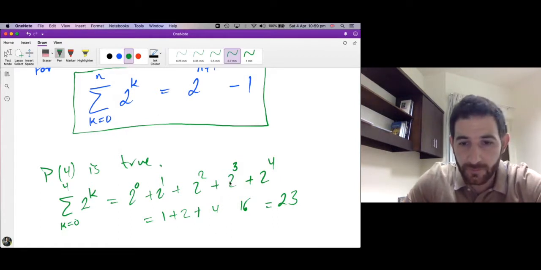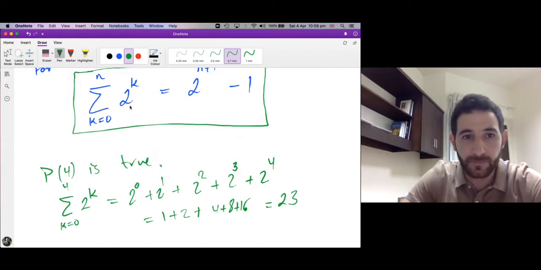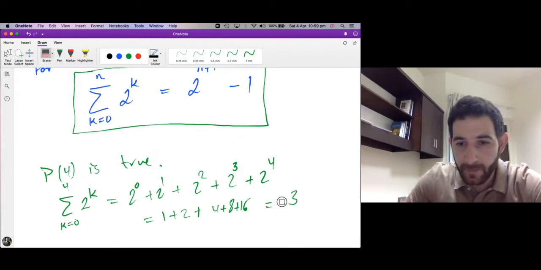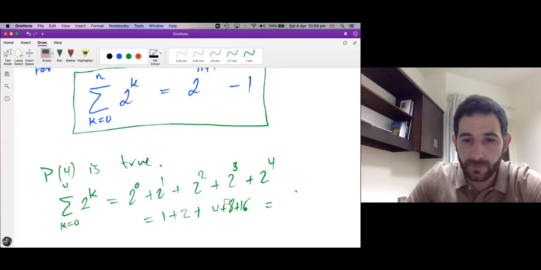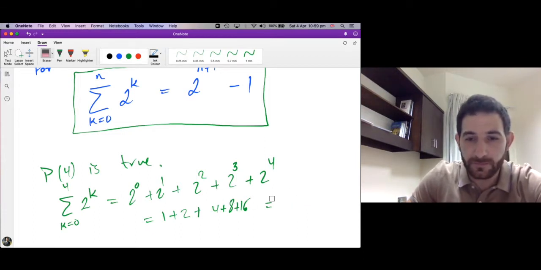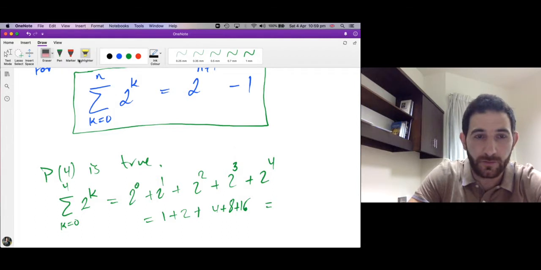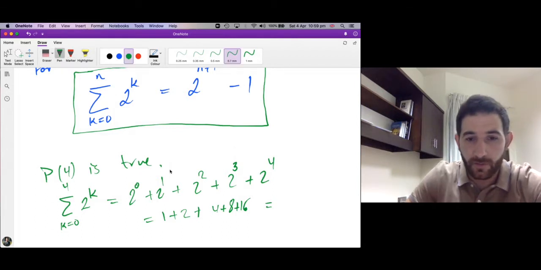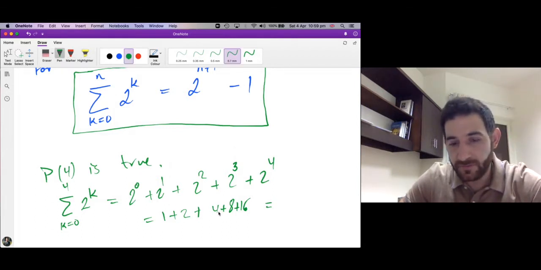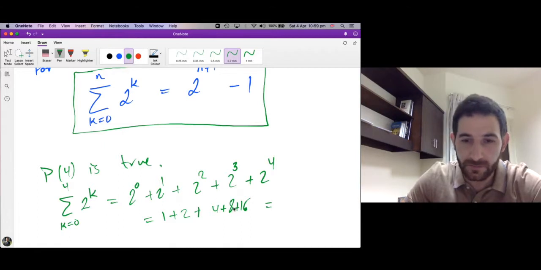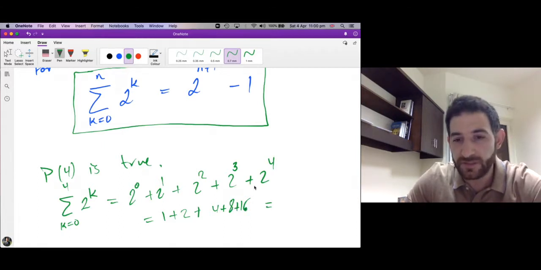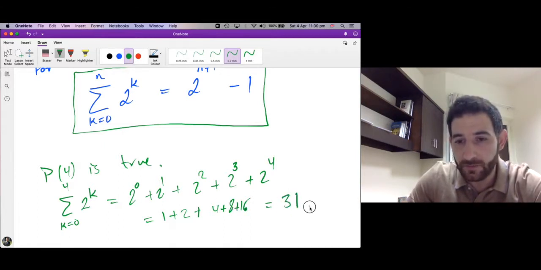So 2 to the power 3 is 8, plus 16. 1 plus 2 is 3, plus 4 is 7, 7 plus 8 is 15, plus 16 is 31.